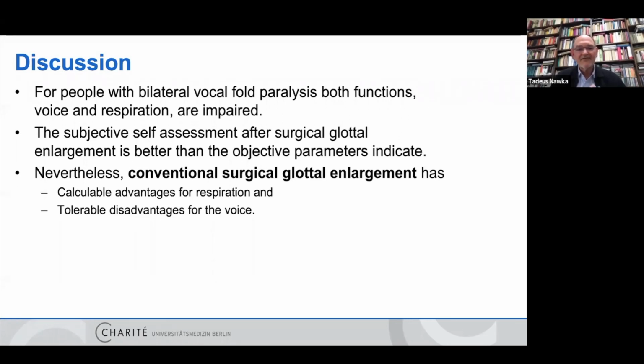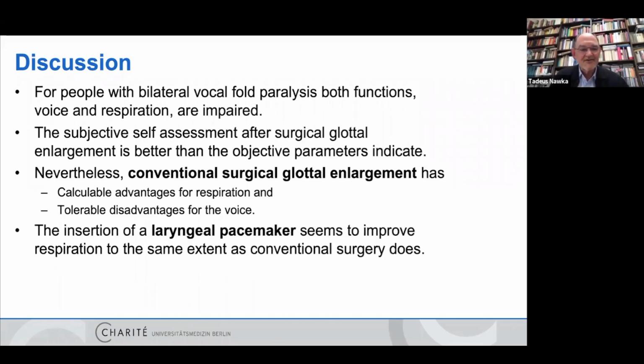And conventional surgical glottal enlargement still has its value. It has calculable advantages for respiration, and it has tolerable disadvantages for the voice. And the insertion of the laryngeal pacemaker seems to improve respiration to the same extent as the conventional surgery does, but the voice function is not impaired.